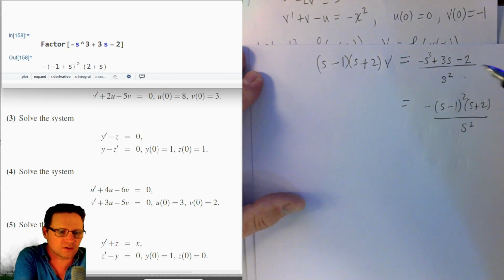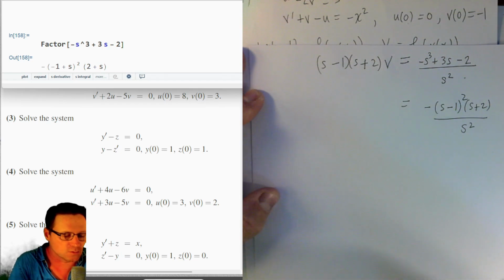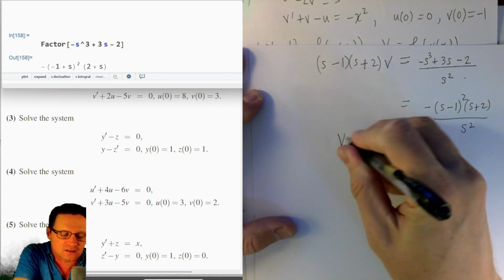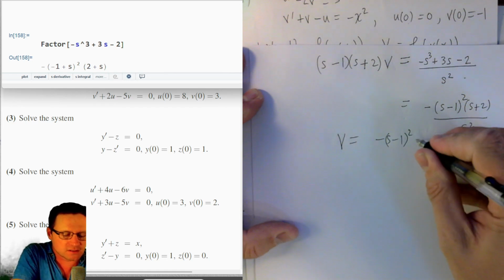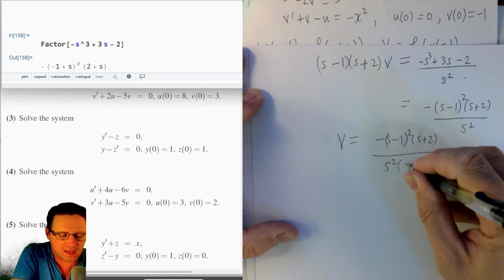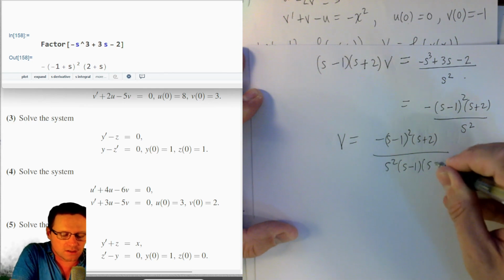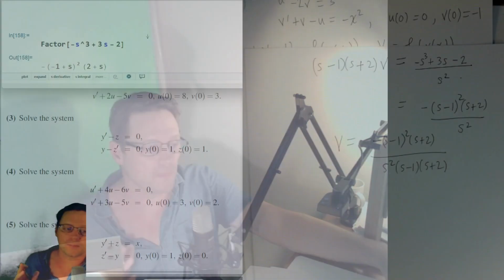Okay, great. Now we can see that there are some common factors here, which will simplify what v is. So v equals minus (s minus 1) squared times (s plus 2) over s squared, (s minus 1), (s plus 2). And so now we can cancel the common s plus 2 and the common s minus 1.